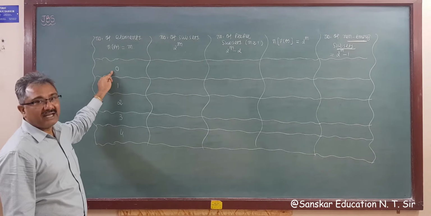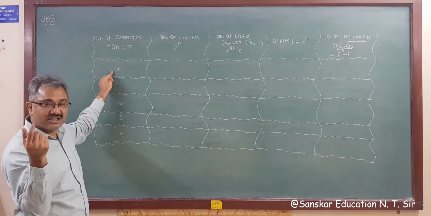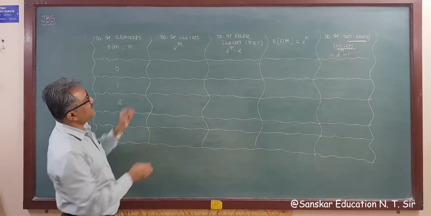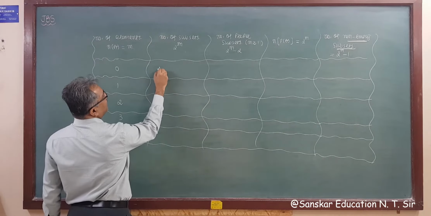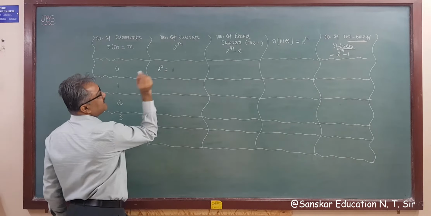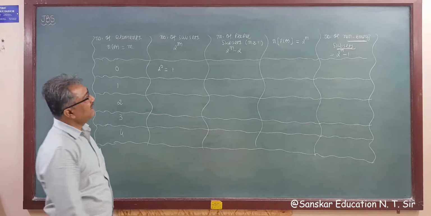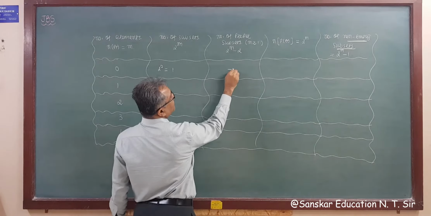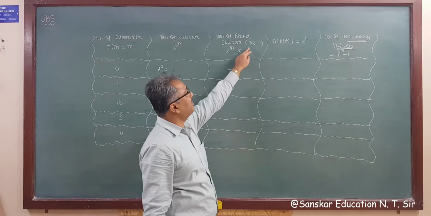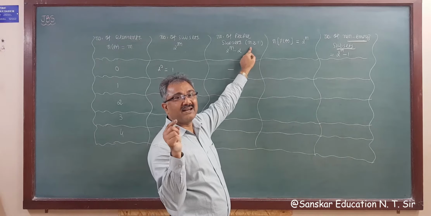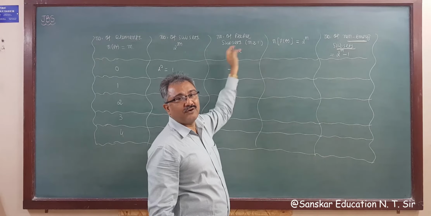Suppose the set has 0 elements, then the number of subsets first is 2 raised to 0, that is one subset you will get, right? And the number of proper subsets is not defined, because this is defined for number of elements greater than or equal to 1, for a non-empty set.